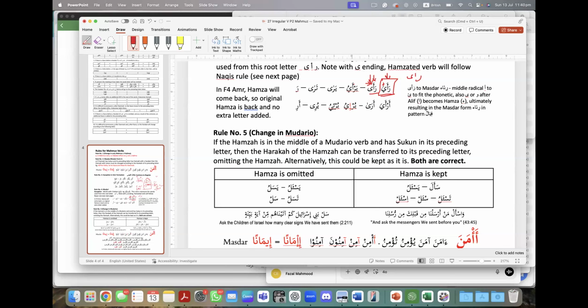Ya'ya, this is mudari'u, but this is original. What bab is that? Tell me. Is it nasara or fataha or daraba? By looking at this, ya'ya, fataha. Yaf'alu, yaftahu, fataha, yaftahu. So this is the fataha family. This is original. Okay. Now, can you see what happened here?